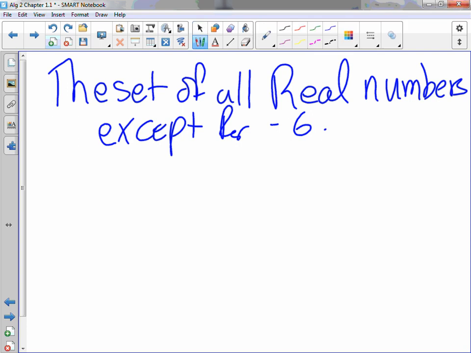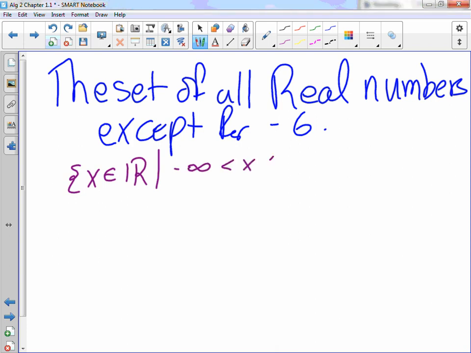There's several different ways we can write this. I'm going to say the set of x is an element of the real numbers such that negative infinity is less than x is less than negative 6, and negative 6 is less than x is less than infinity.